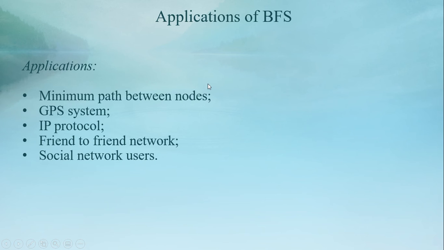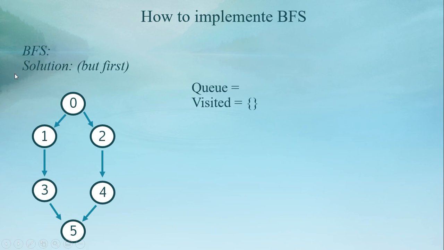Interesting. So applications, let's go to the very interesting part, the minimum path between nodes. So we could see that it really is the minimum path between nodes. In each of the cases, we would have a sequence of these things here, put in sequence order.